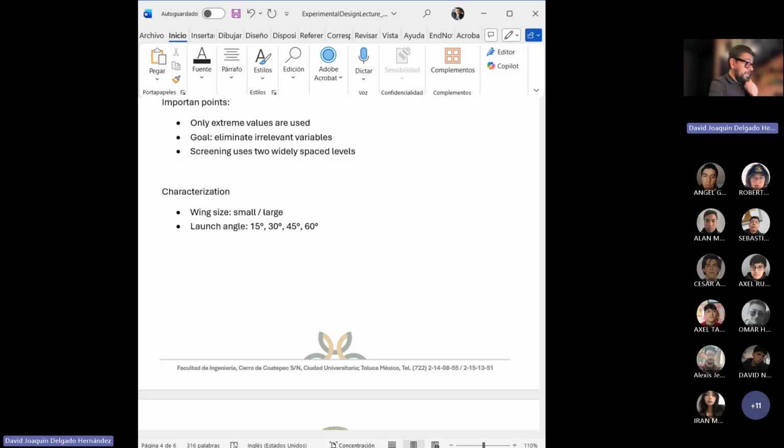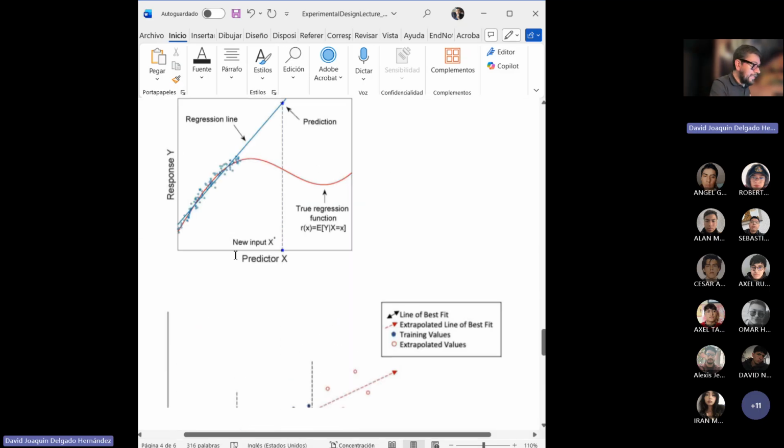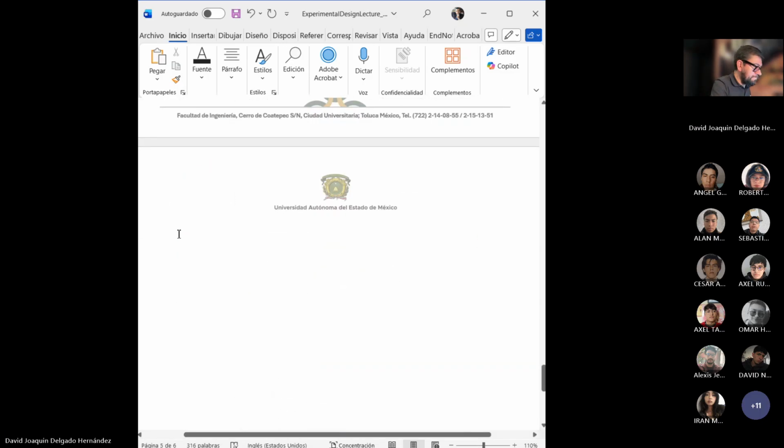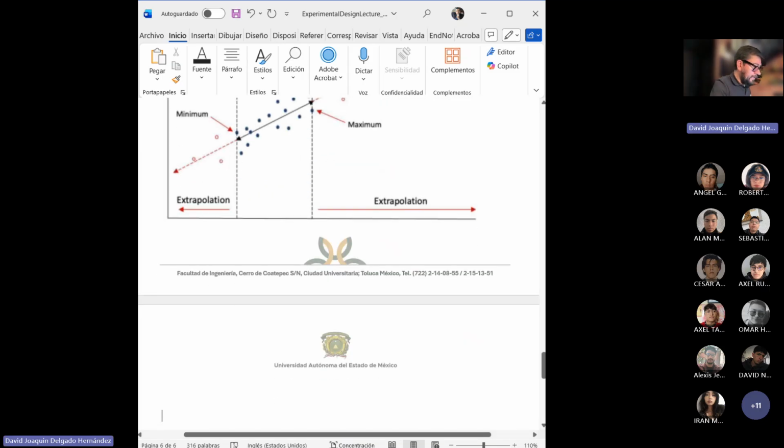Okay, so here we can say that the range matters. It is important to consider the range.